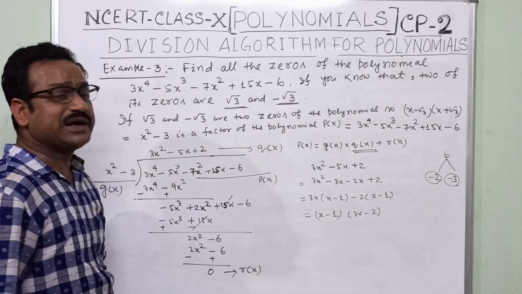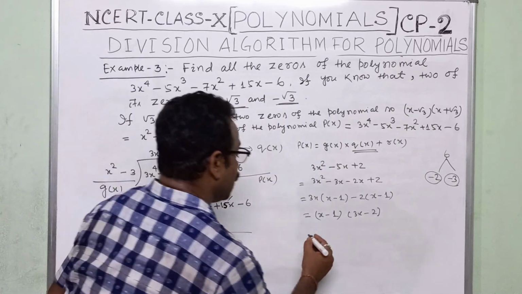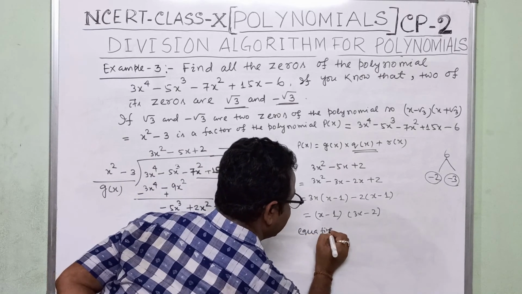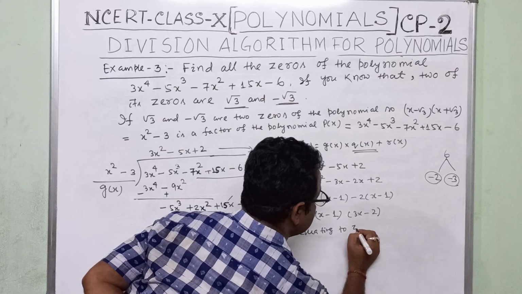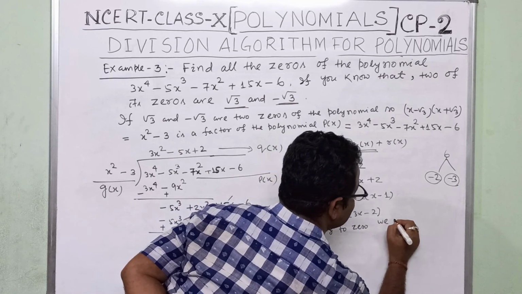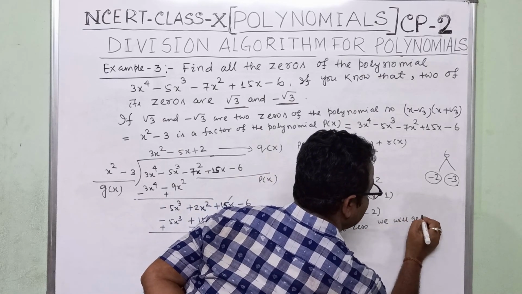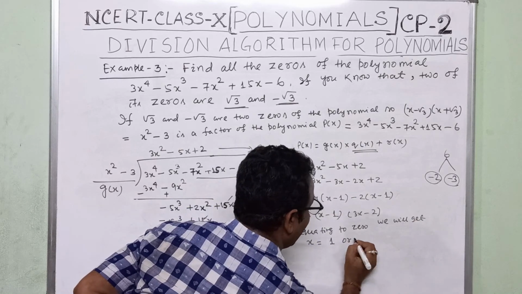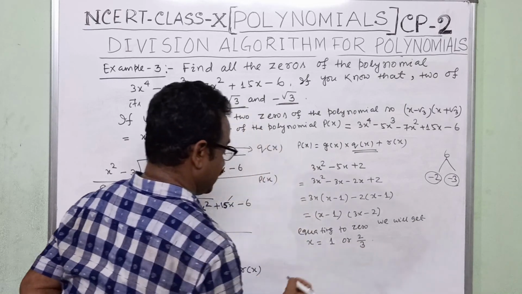So if we equate it to 0, we will get x is equal to 1 or 2 by 3.